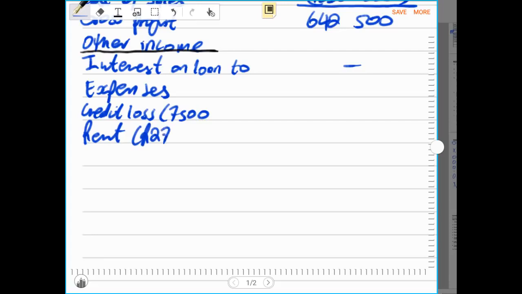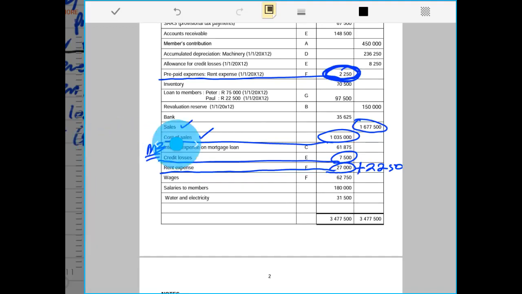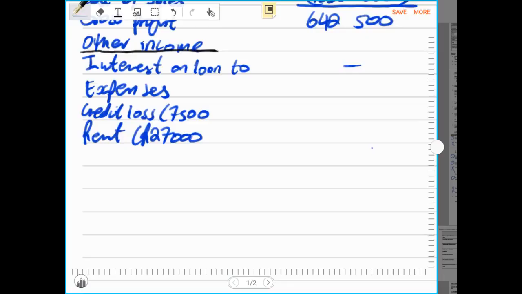Then we also had another rent amount in the trial balance, prepaid rent of 2,250. A prepaid expense at the beginning of the current year, you add that to the expenses for the current year. So now that 2,250 must be added here.